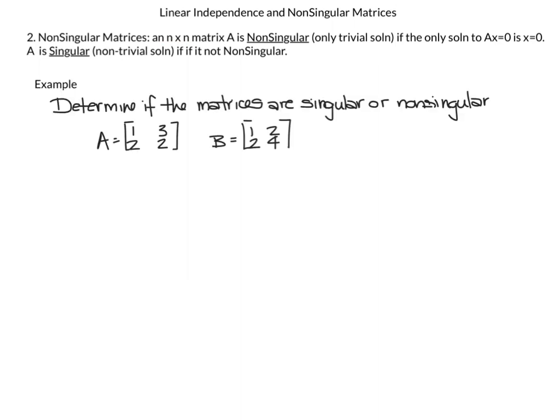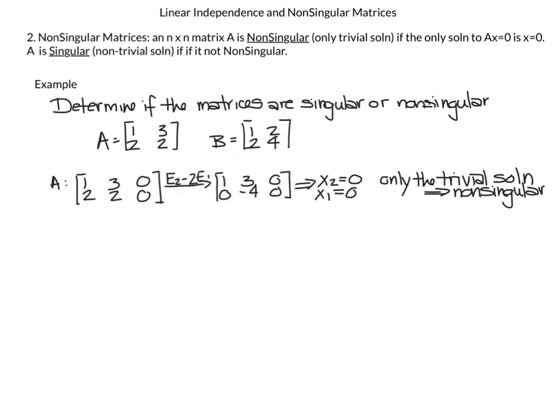Our first example is to determine if these two matrices are singular or non-singular. Our first matrix A is [1, 3; 2, 2], and our second matrix B is [1, 2; 2, 4]. For matrix A, I put together the augmented matrix with the zero vector as the solution vector.